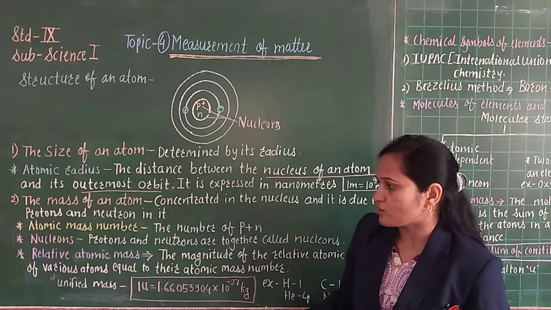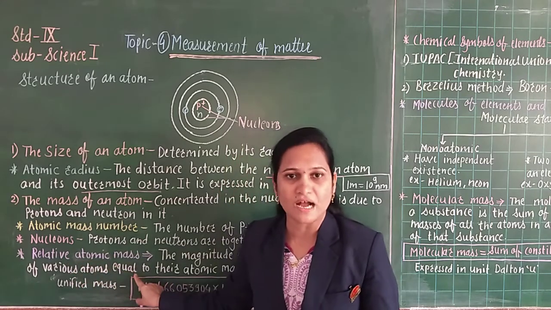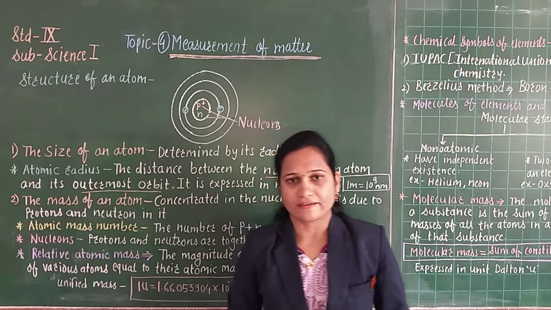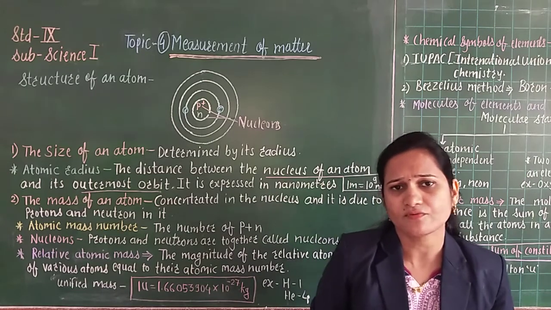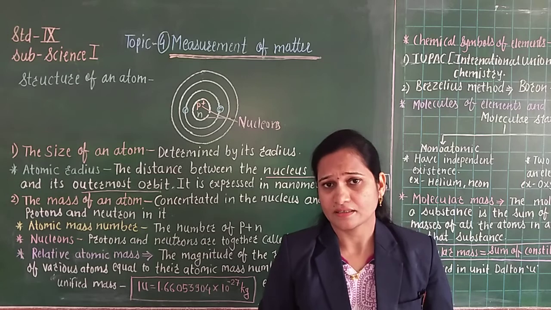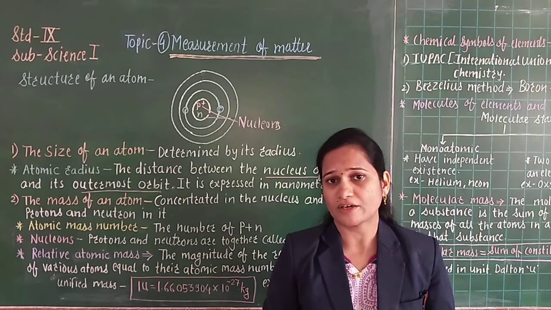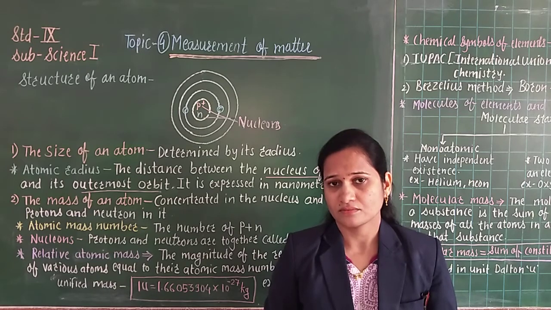Now we will see the next point, the relative atomic mass. You know that the size of an atom is very small. So in olden days it was very difficult to find the accurate measurement of the atomic mass.